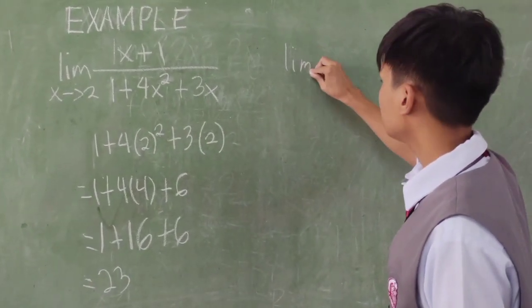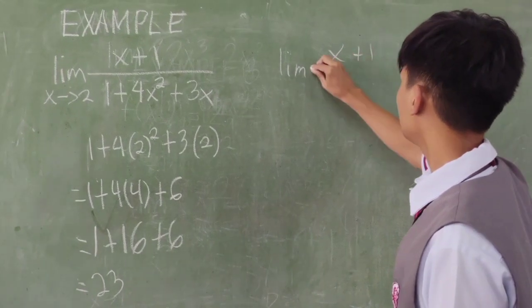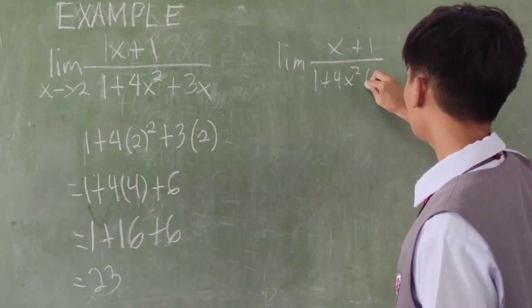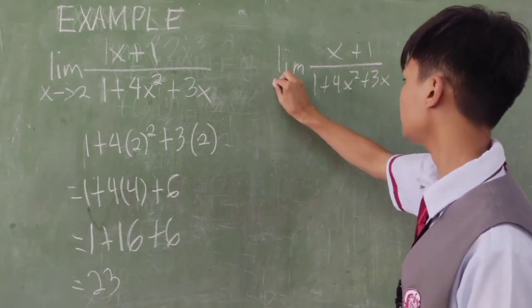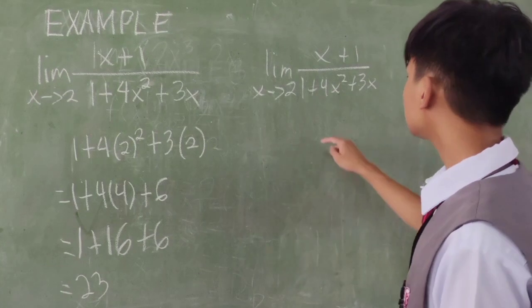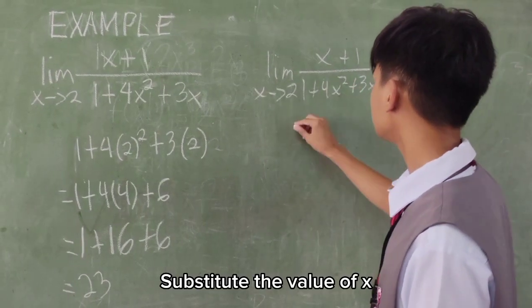Limit of x plus 1 all over 1 plus 4x squared plus 3x as x approaches 2. First, let's substitute the x.